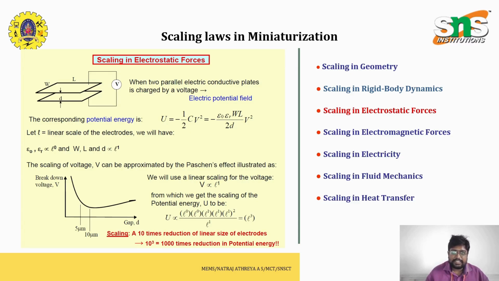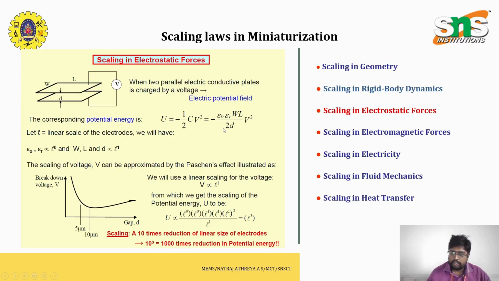We know that C is equal to epsilon naught epsilon r WL by D, which is the capacitance of a parallel plate capacitor. Plugging that C value in, we get U equal to minus epsilon naught epsilon r WL by 2D into V squared, since we have the half over here.